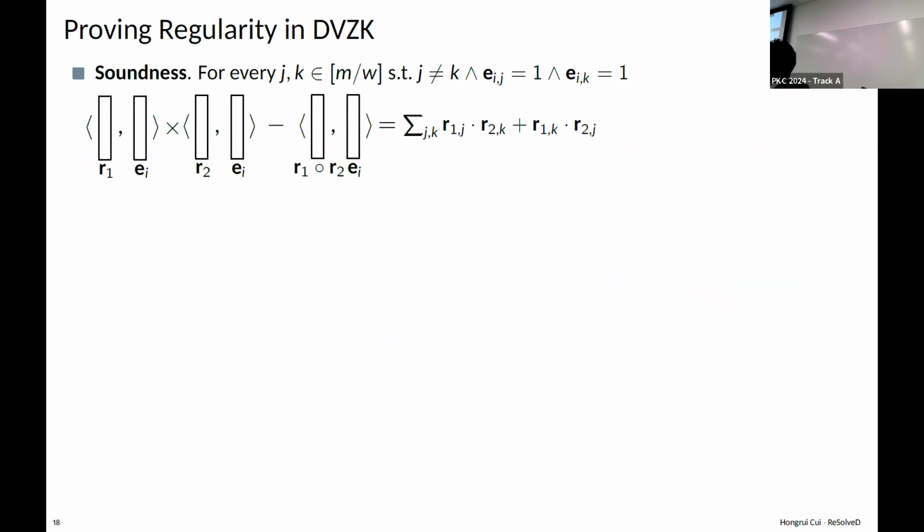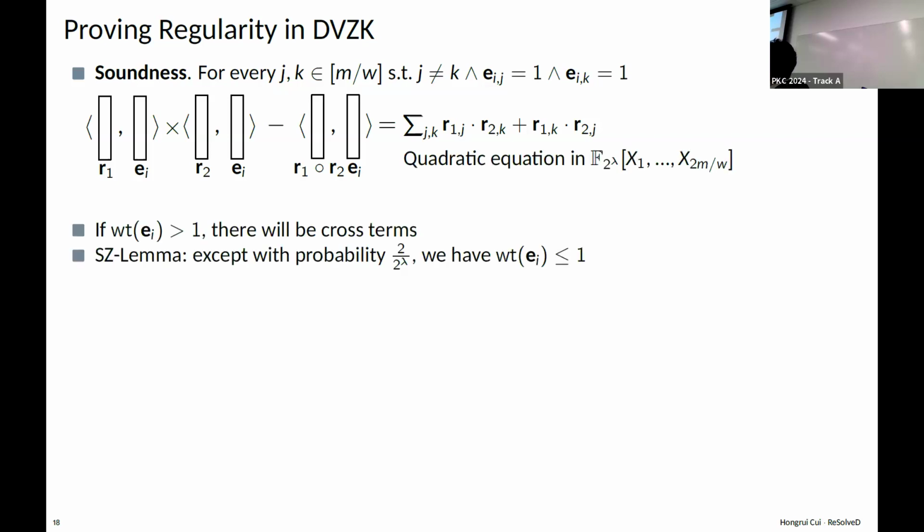As for soundness, suppose that E_i has more than one non-zero coordinate, then inner product with R gives us the summation of more than one term, and the result has this structure. If we treat each R as a variable, then the result is a multivariate quadratic equation.